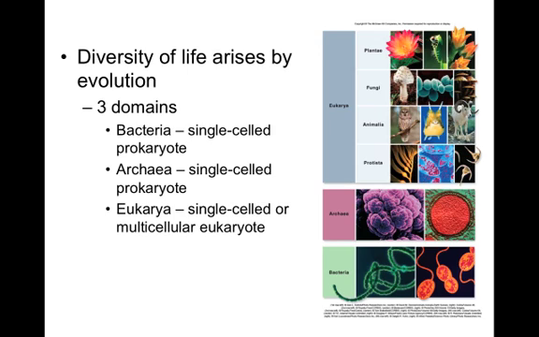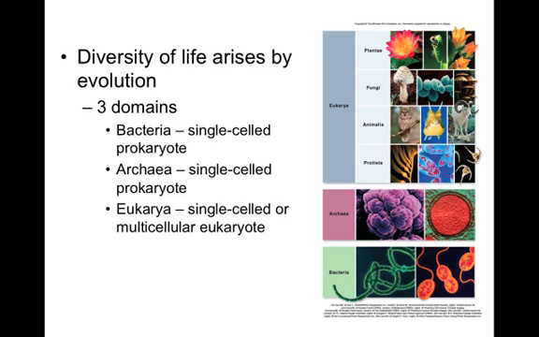Now, you may be familiar with the old system of simply 5 kingdoms: plants, fungi, animals, protists, and then a group we used to call the monerans. We've now recognized that they are much different than any of the organisms involved here: plants, fungi, animals, and protists. And so we've created one higher level called the domain level.